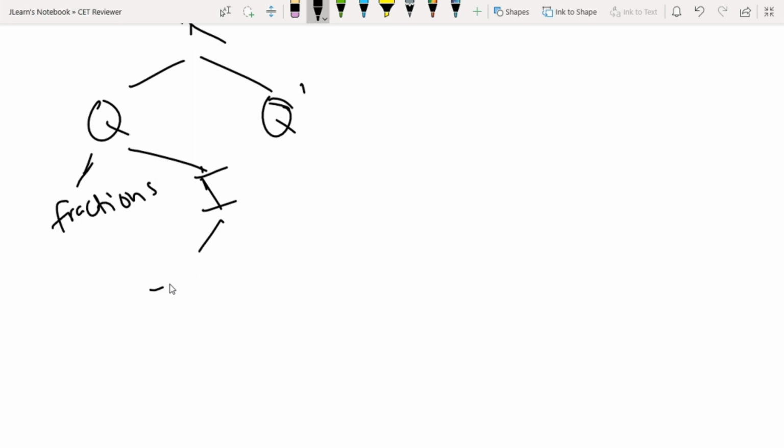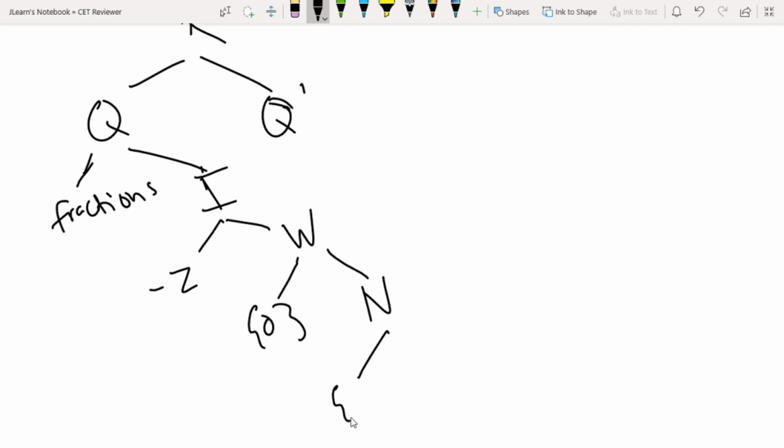So, negative Z, and then Z, no? Or whole numbers, no? So, 0 to infinity. And then, nahahati rin yung whole numbers natin into the set 0 or the natural numbers. And then, yung natural numbers natin, nahahati rin into 1, no? So, 1 is special. And then, yung mga prime numbers and composite numbers.